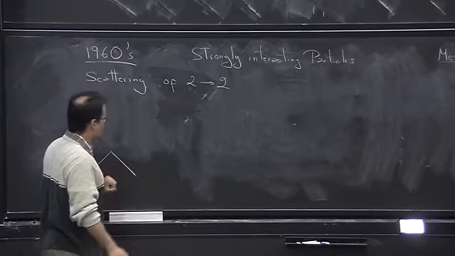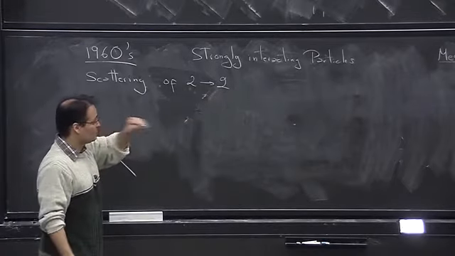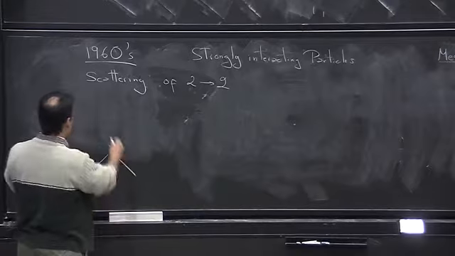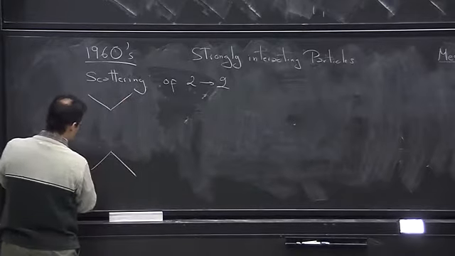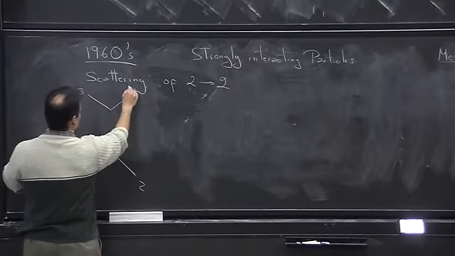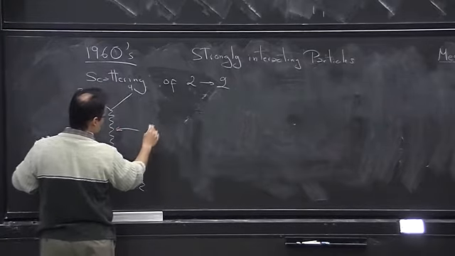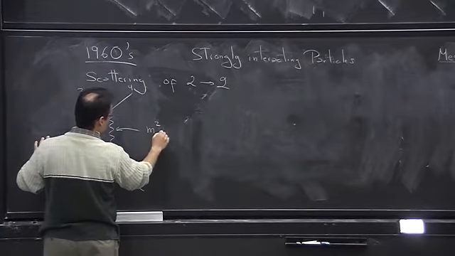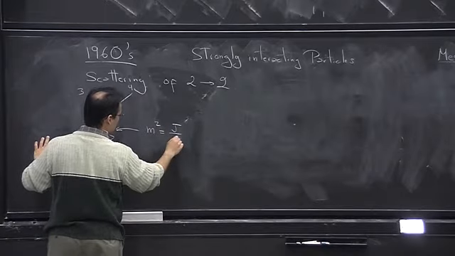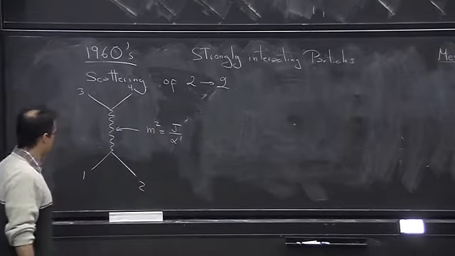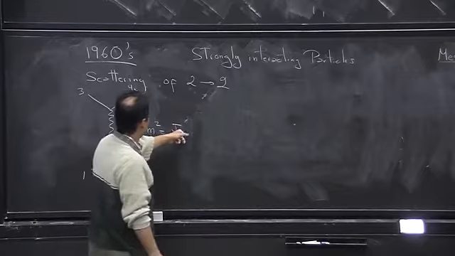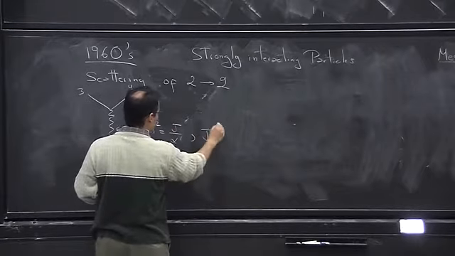These are some particles that will interact with all these massive particles that were being found. So say you have particles 1 and 2, 3 and 4, and these would be the new particles that you're finding, which have some mass. They have some mass related to the spin like this, and they have some spin j.